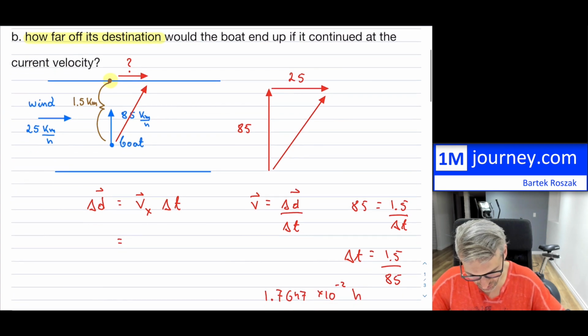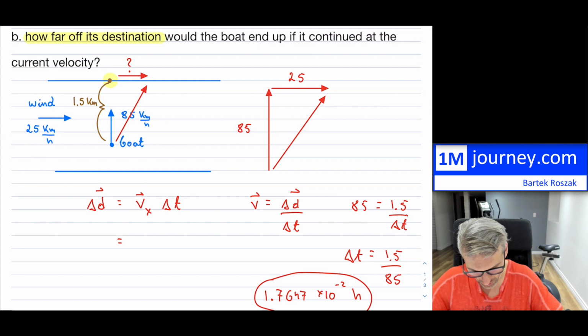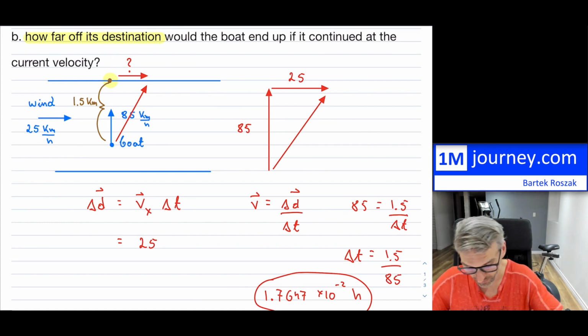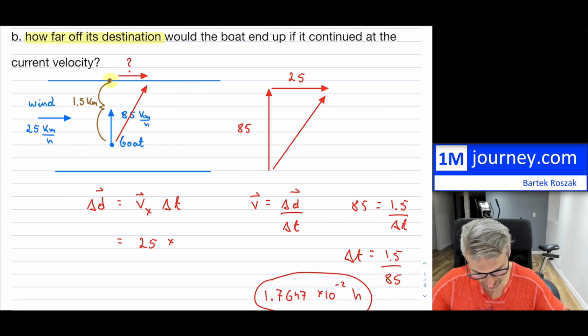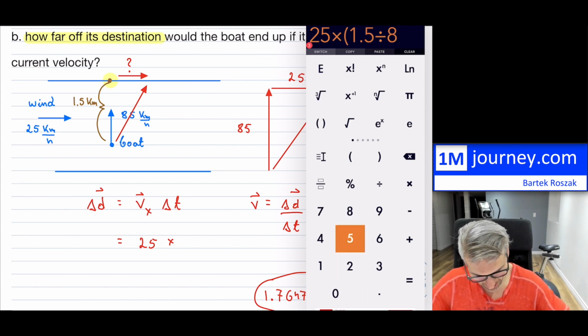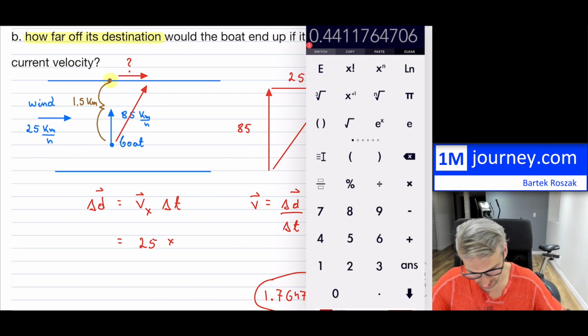We know the actual velocity was 25 kilometers per hour, multiplied by the time. I removed it, so I'll put it back in: 25 times 1.5 divided by 85.